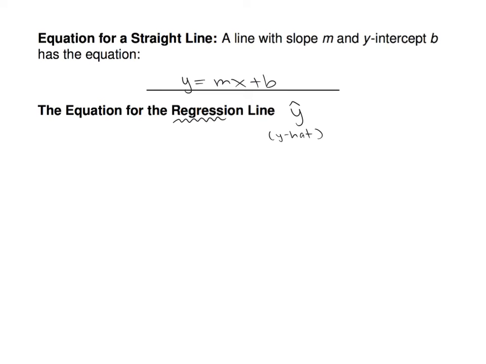And instead of m and b, we use b sub 0, read b naught, plus b1x. This is partially because when you have more than one explanatory variable, you'll have b naught, b1, b2, and you could have b3. But b naught always refers to the y-intercept.